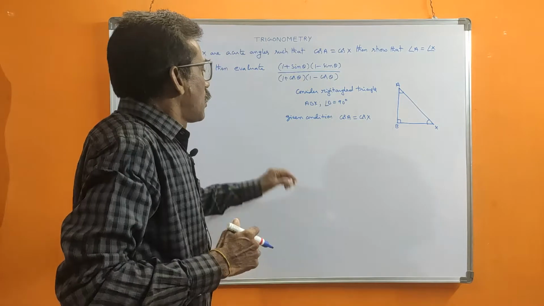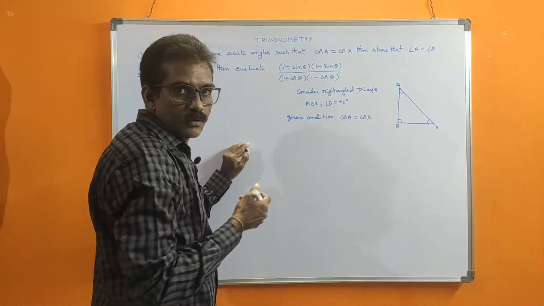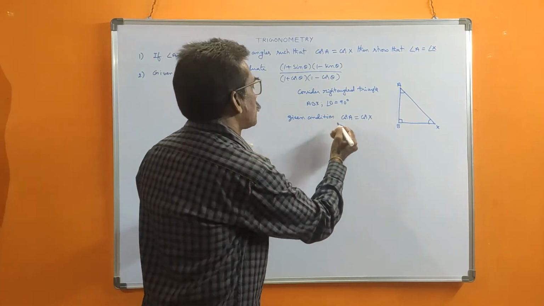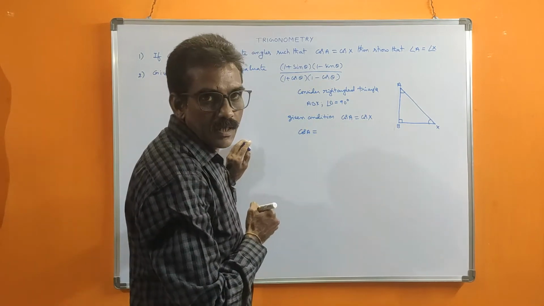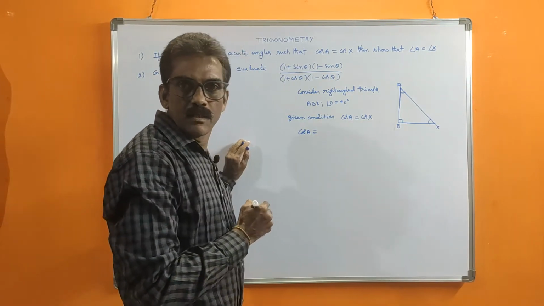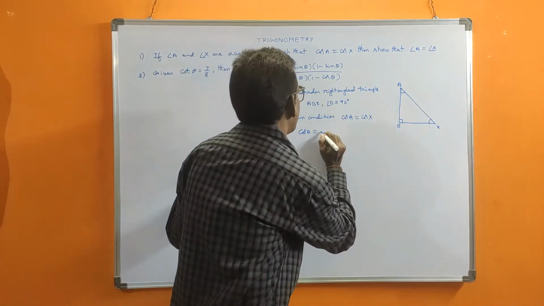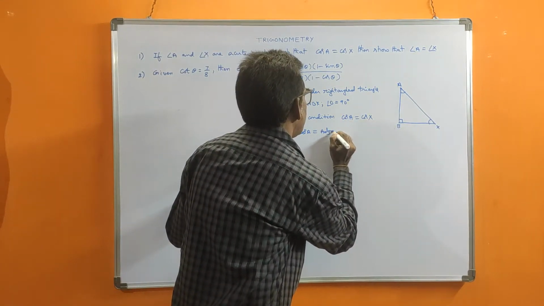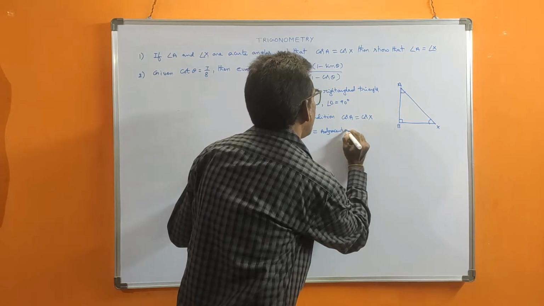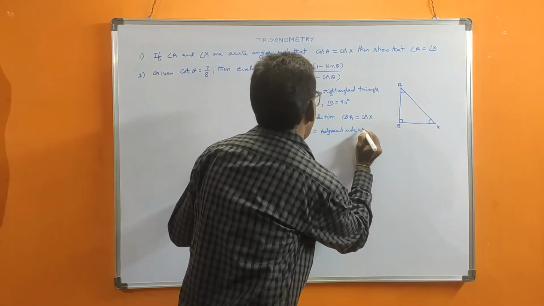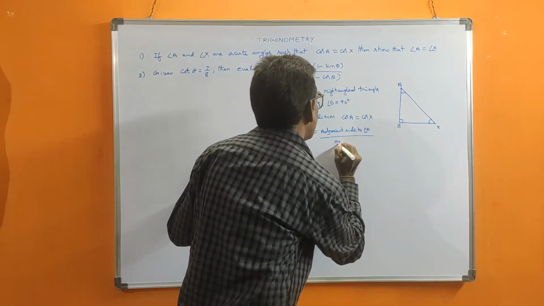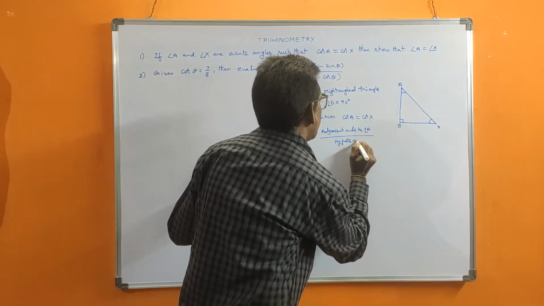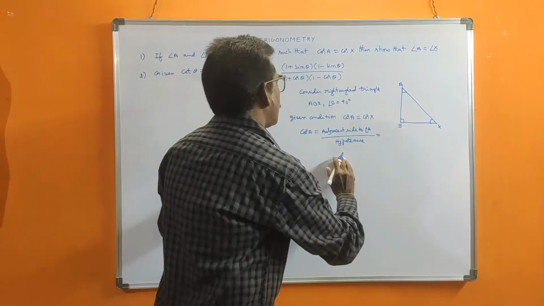Once you know the trigonometric ratios, we can apply formulas. So for cos A, apply the cos A formula. What is cos A? Adjacent side by hypotenuse. So write: adjacent side to angle A by hypotenuse. This is the formula.